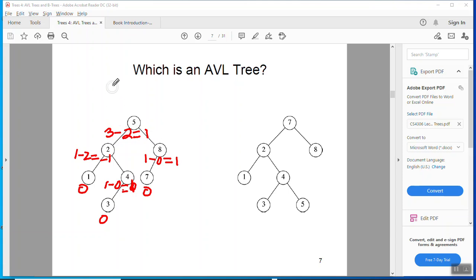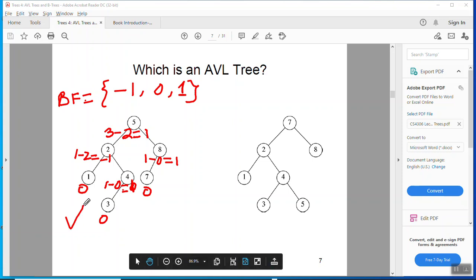So the balance factor is either -1, 0, or 1. So yes, this is an AVL tree.